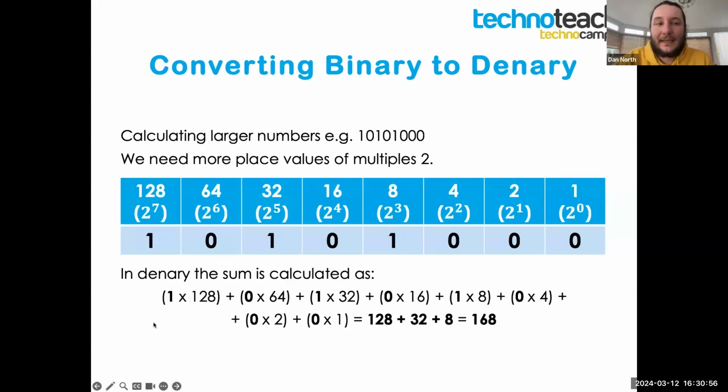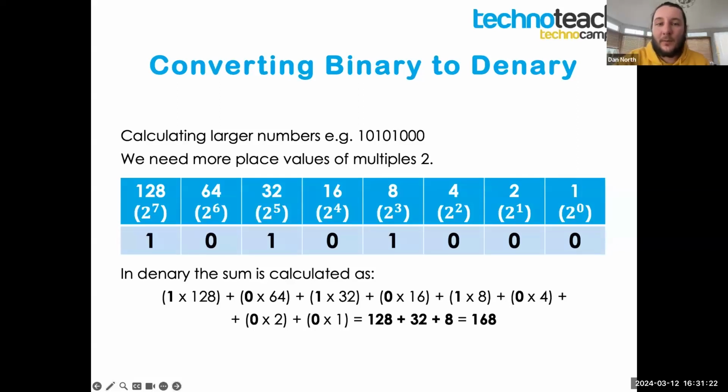And then to get the answer out, we look at each number and we go, right, 1 times 128 plus 1 times 32 plus 1 times 8 plus nothing. 128 plus 32 plus 8 is 168 in decimal.